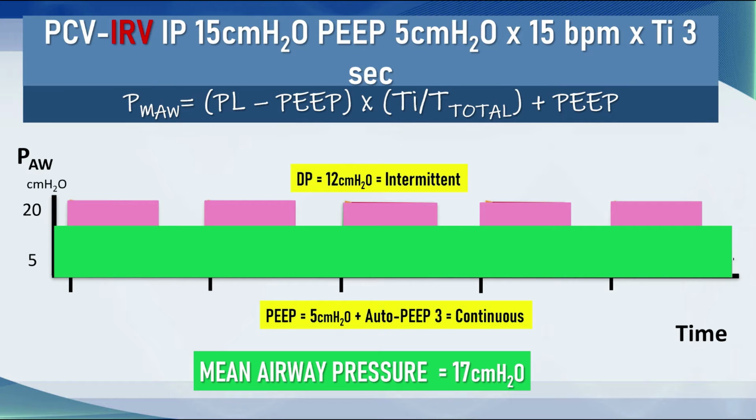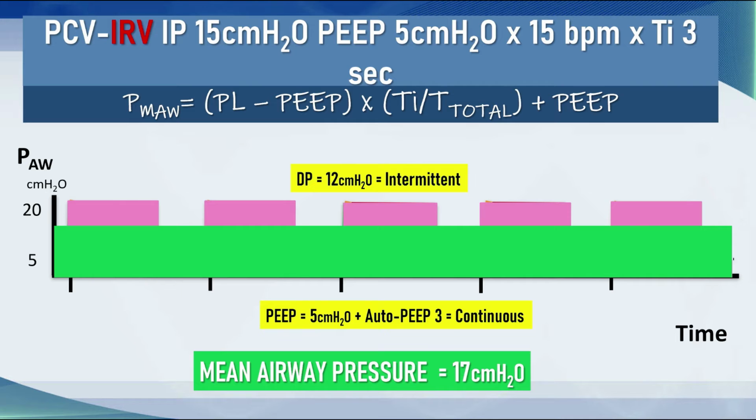The reason for this is the lungs are almost entirely inflated all the time because of this extraordinarily short expiratory time. So a slight increase in the continuous pressure really doesn't add a huge amount to the overall mean airway pressure. But it does have an impact in that it drops the tidal volume, it reduces the amount of ventilation, and will increase the partial pressure of CO2.